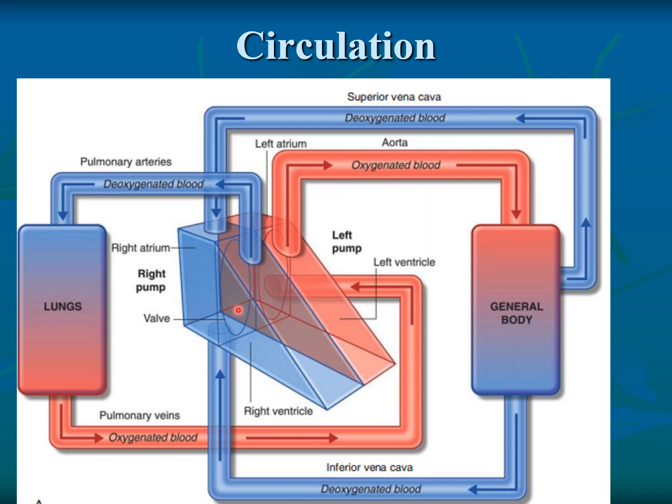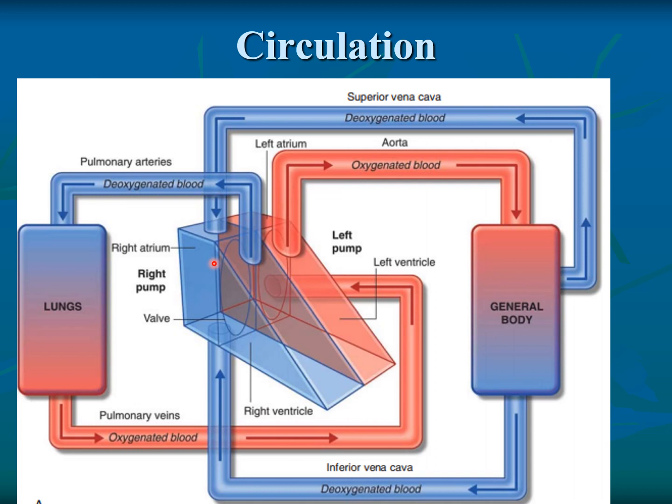In systemic circulation, what is happening, if we can see, the blood from the general body or the whole body is coming as deoxygenated blood to the right atrium from the lower limb, and also from superior vena cava from the head and neck and upper limb. So all the deoxygenated blood is coming to the right atrium.